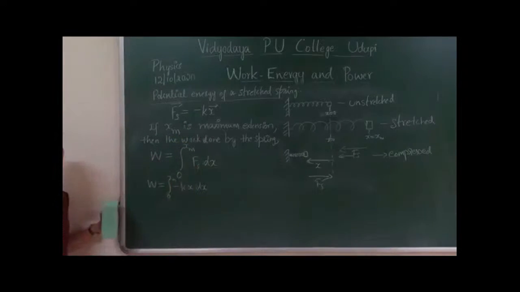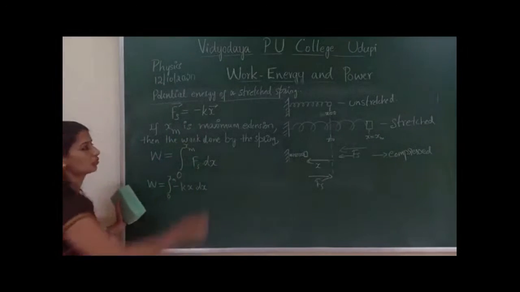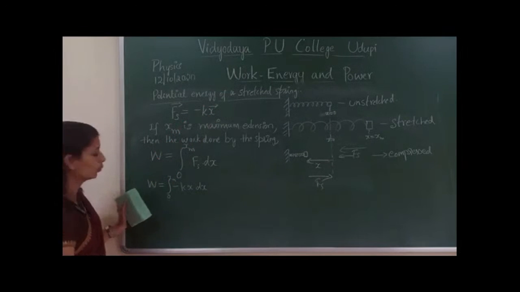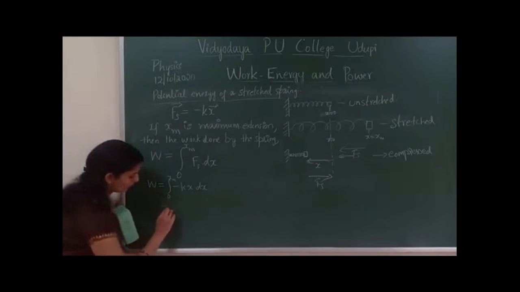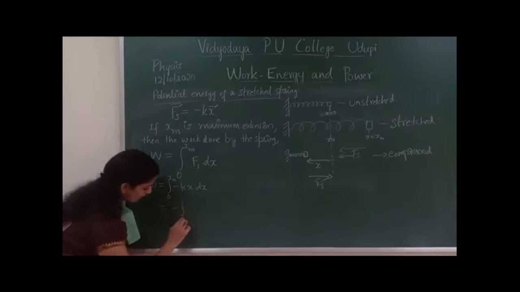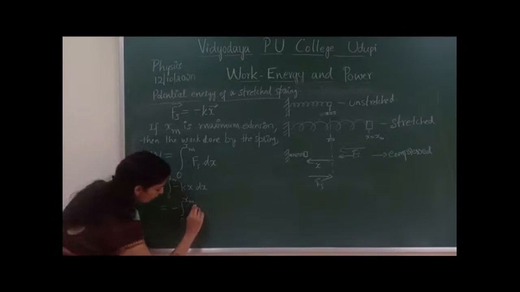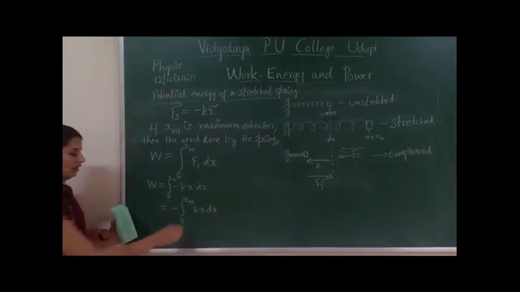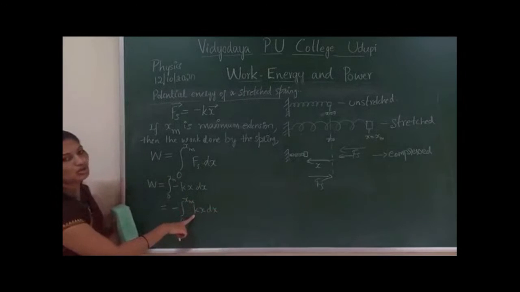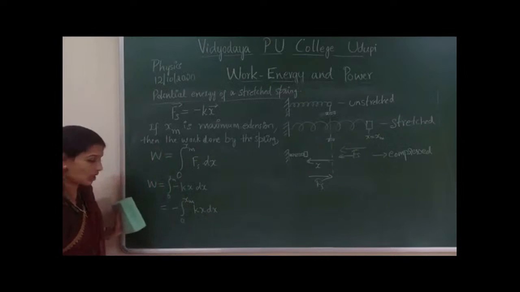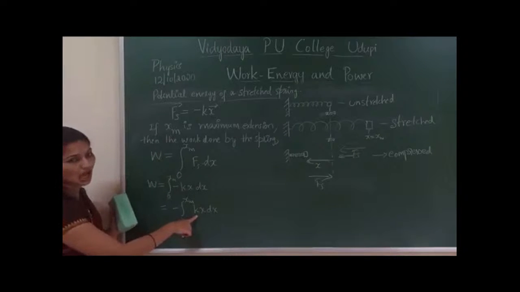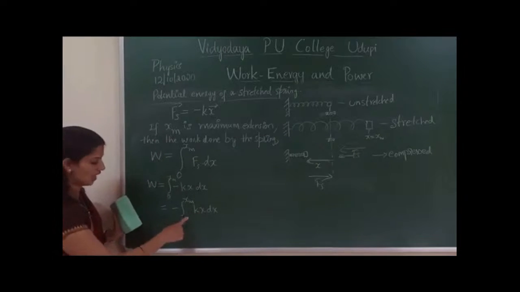Here we are writing the magnitude value, so don't write this arrow. Then minus integration from 0 to xm of kx dx. See, k is a constant value, right? It is known as spring constant. So I can take this out from the integration sign.